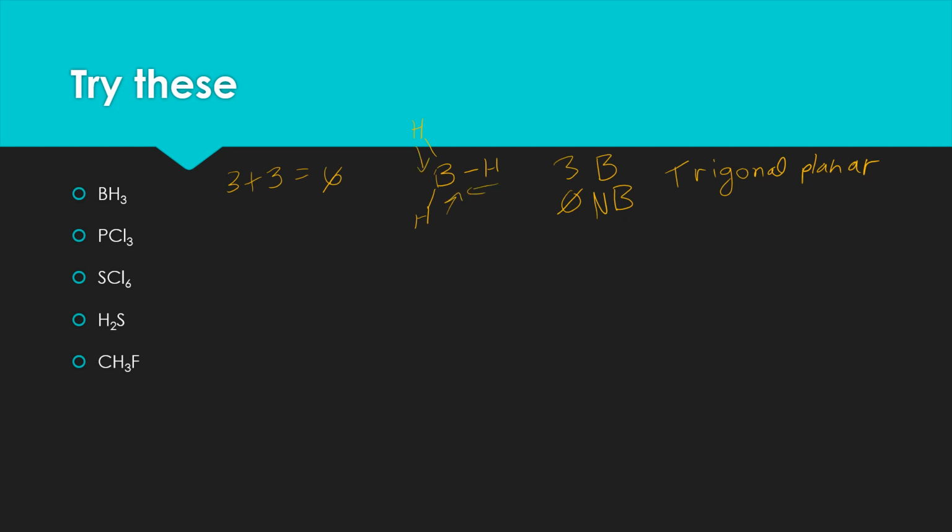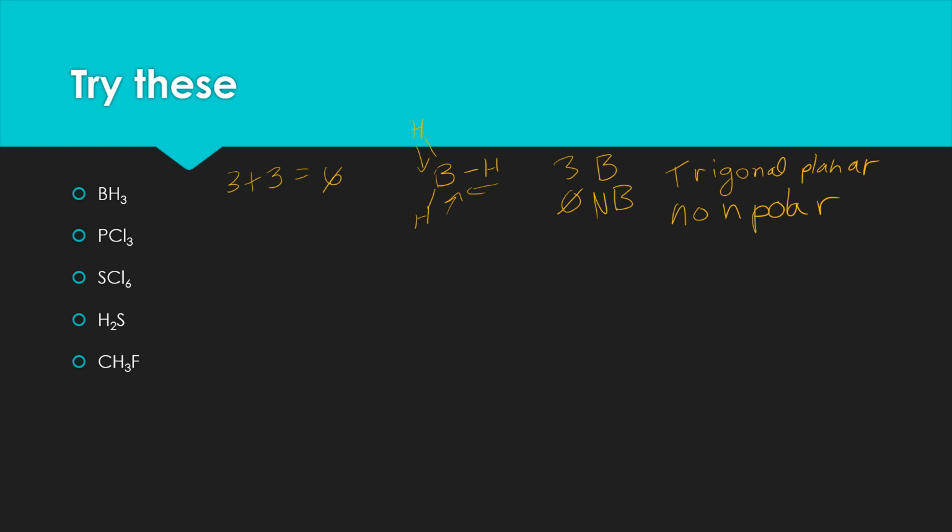And our dipoles would all point towards boron. But since everything matches, since they're all canceling each other by pointing in opposite directions, this would be non-polar. So our trigonal planar, when we have matching atoms all the way around that central atom, it's non-polar.